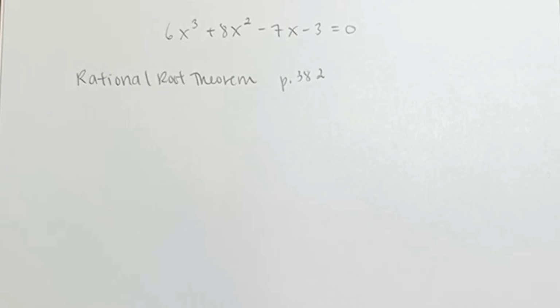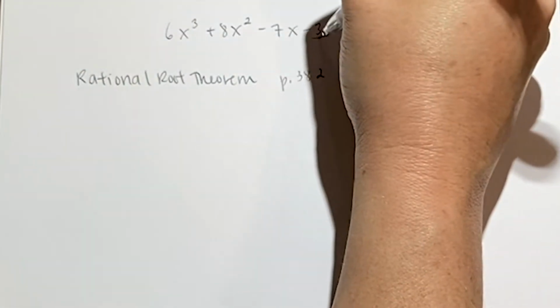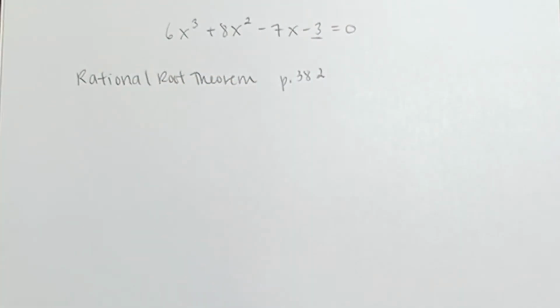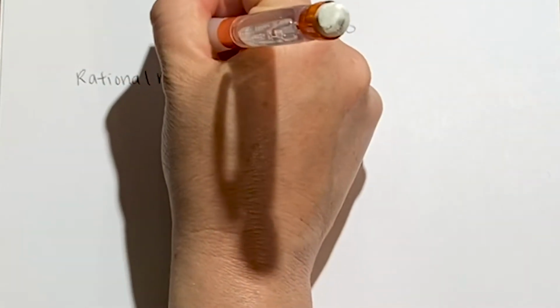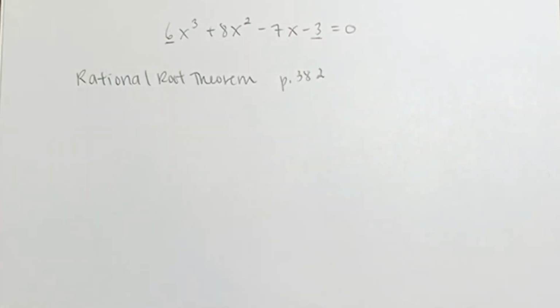The rational root theorem says that suppose a polynomial equation with integral coefficients has the root h over k, where h and k are relatively prime integers. Then h must be a factor of the constant and k must be a factor of the coefficient of the highest degree term.